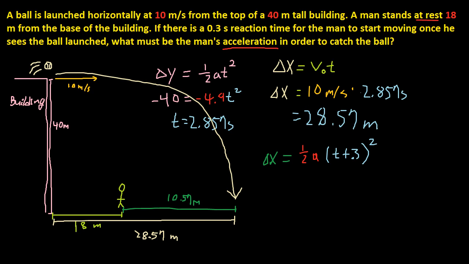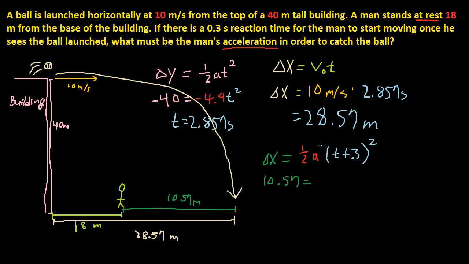Now let's plug in our numbers here. So 10.57 is equal to 1/2 a times t squared.